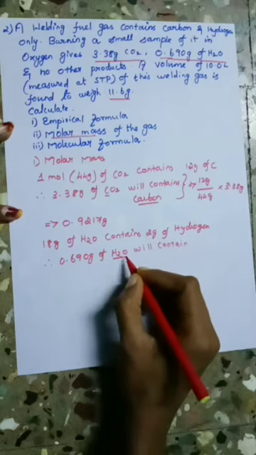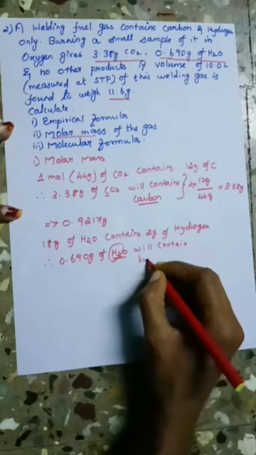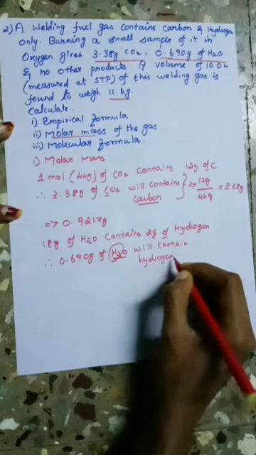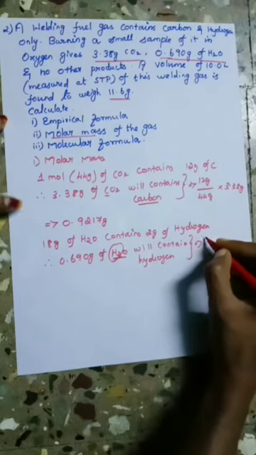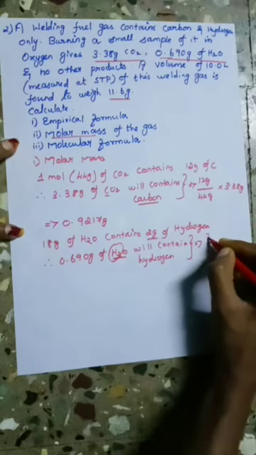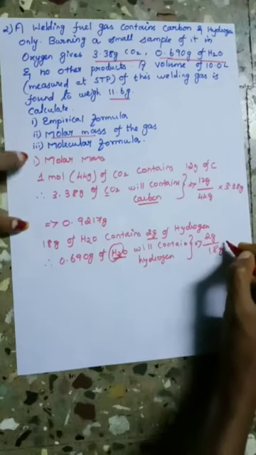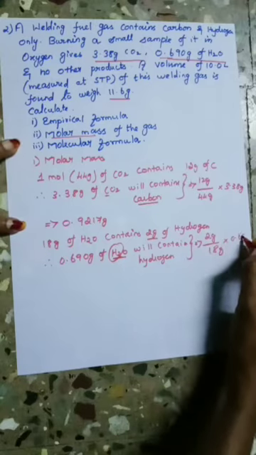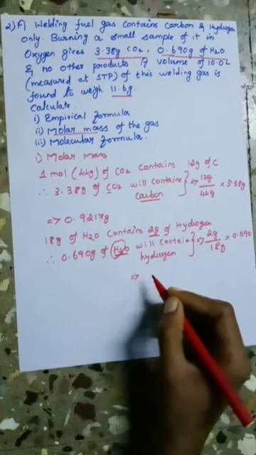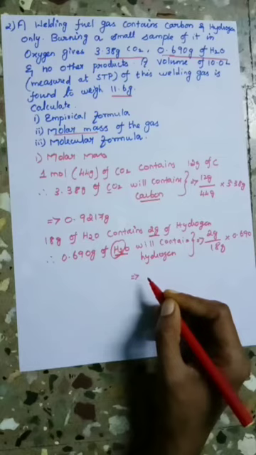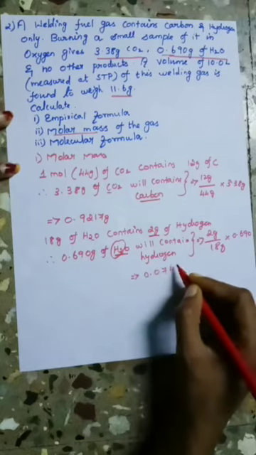Water contains hydrogen. Same step we will follow here: hydrogen is equal to 2 gram upon 18 gram multiplied by 0.69. So the final answer is 0.0767.